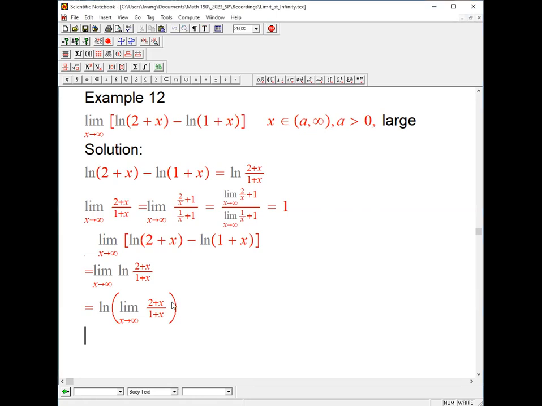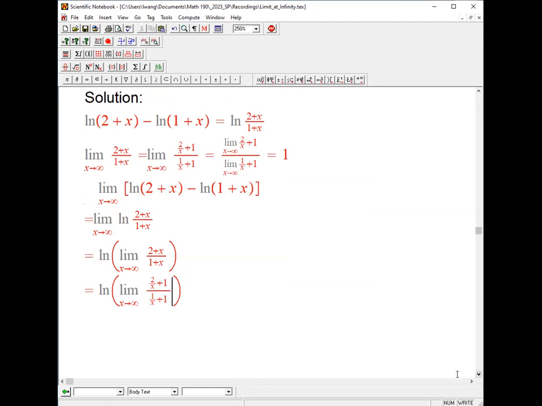And that limit is already found. If you want to skip the algebra part, you can just copy the result, or you can just repeat this piece, replacing this part. This way you don't have to show this piece.